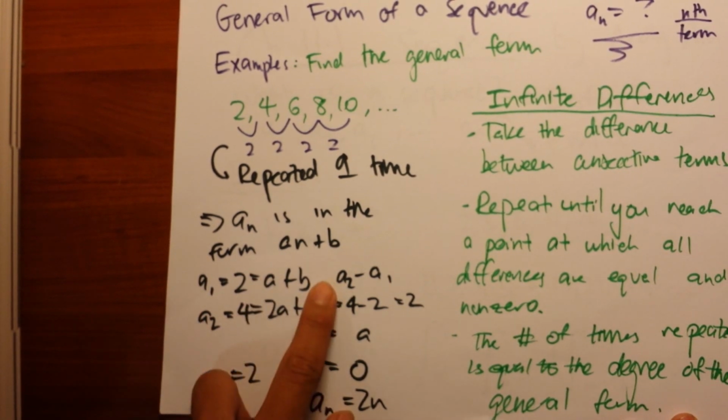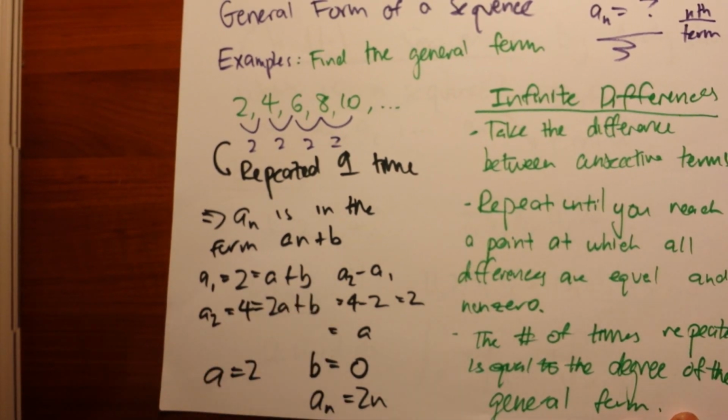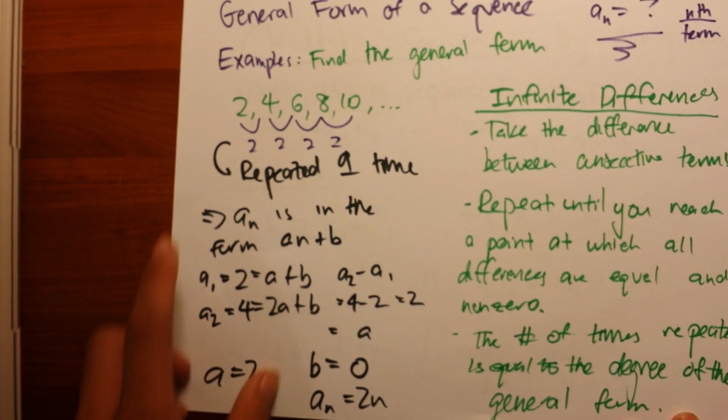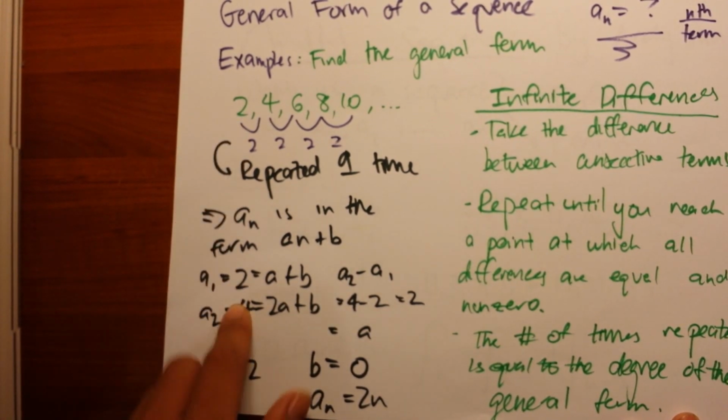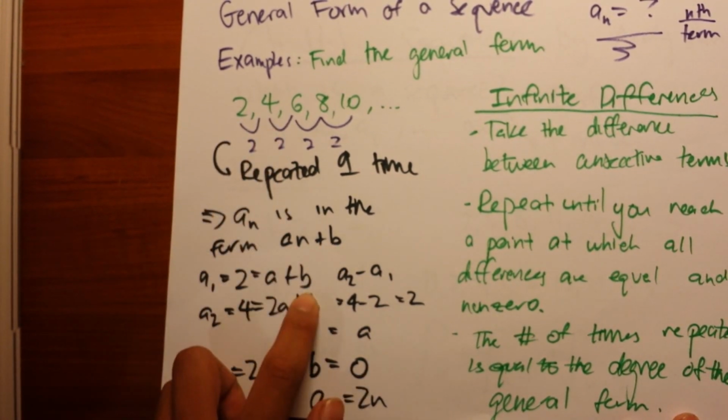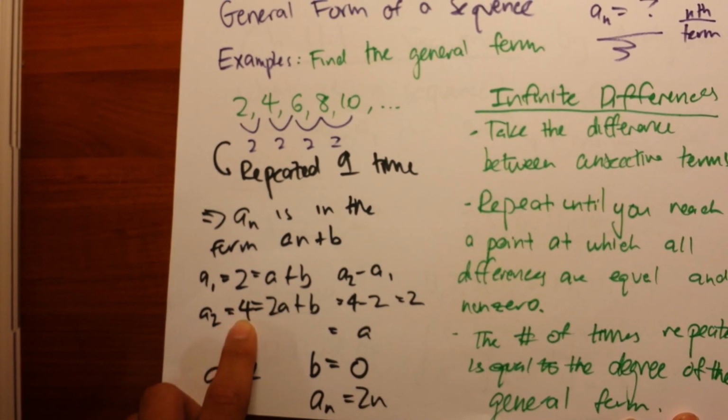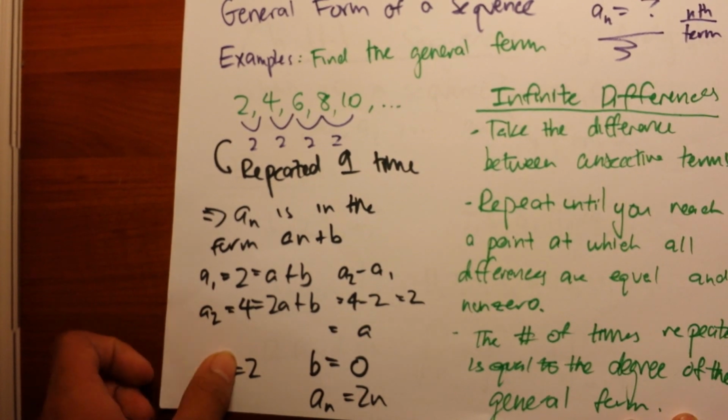To find a and b, we can simply solve a system of linear equations. Plugging in n = 1, we get 2 = a + b, and plugging in n = 2, we get 4 = 2a + b. Solving for a and b, we see that a is 2 and b is 0. So the general form is an = 2n.